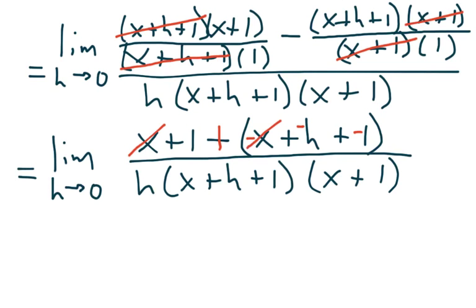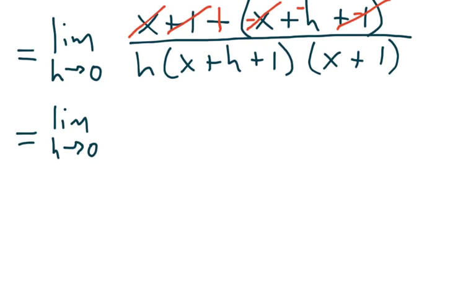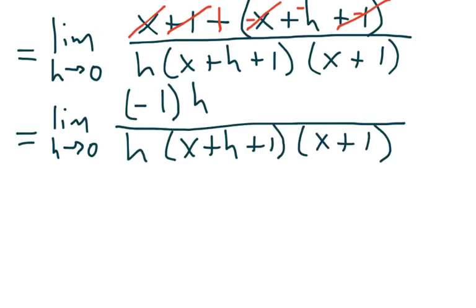The x's cancel, the 1's cancel, and we're left with the limit as h approaches 0 of negative 1 times h over h times (x plus h plus 1) times (x plus 1). Because the h's are factored out of the numerator and the denominator, we can cancel them. And now that h is out of the denominator, we can compute the limit by plugging in h equals 0.